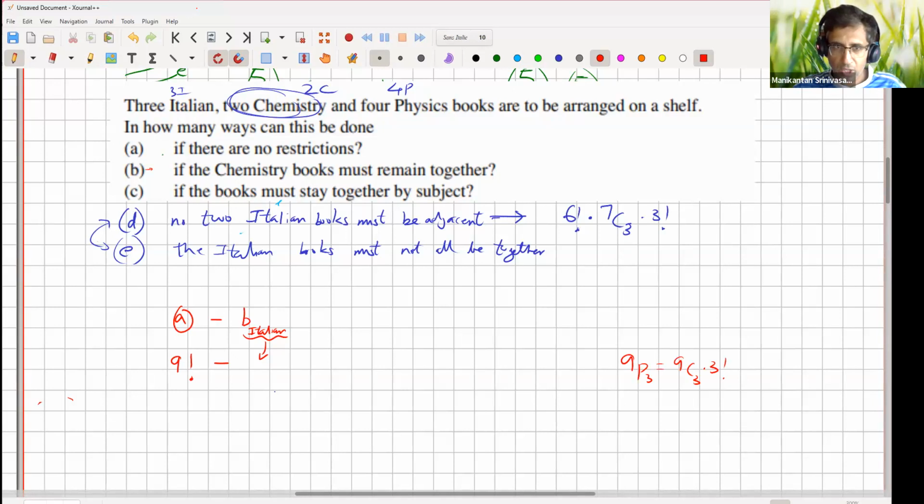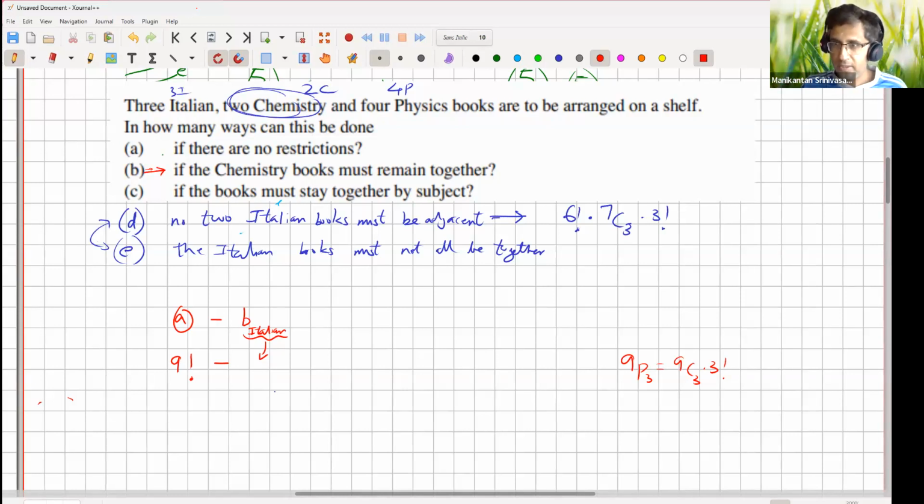Thais, you said you forgot how to do B, right? Try to recap. Just go through the paces. What did you do to make sure the chemistry books remain together? Just visualize. You didn't care about physics and Italian in that case. You wanted to hold the chemistry books together, and if you say it out loud, you have the answer.